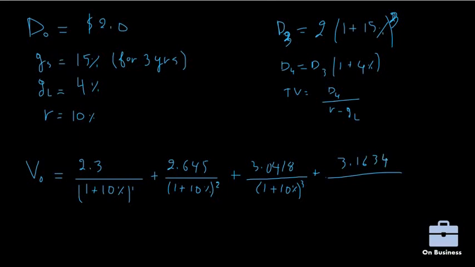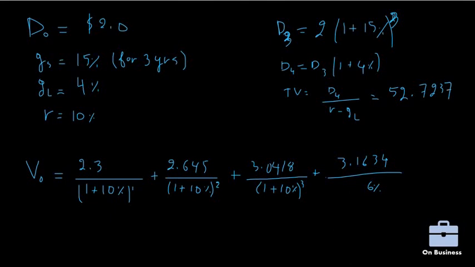And I have to divide this by 6% because 10 minus 4 is 6%. And this would give me the terminal value, and the terminal value would be equal to $52.72, or 52.7237 actually, if you want to be more detailed.